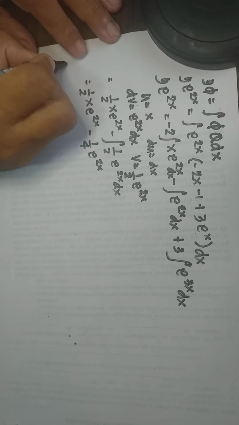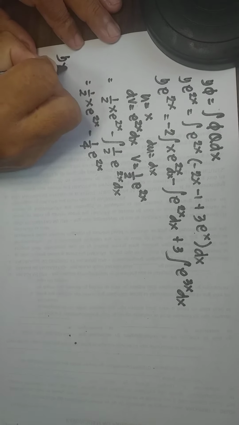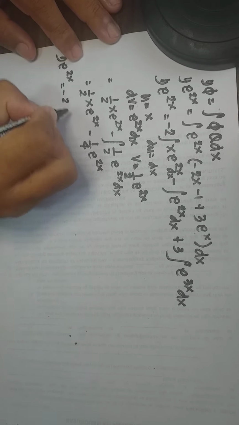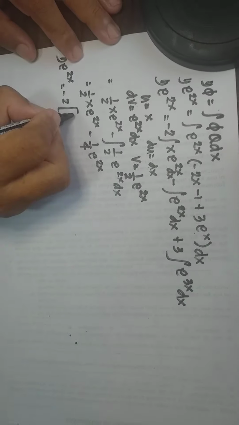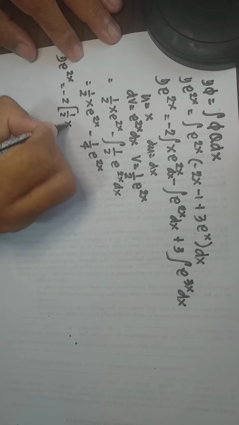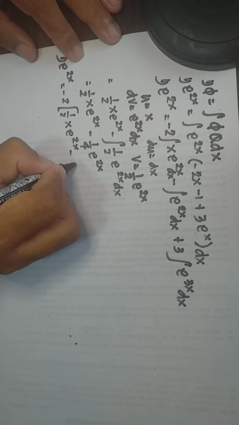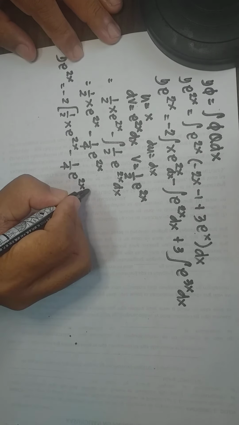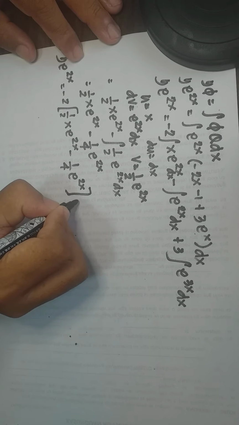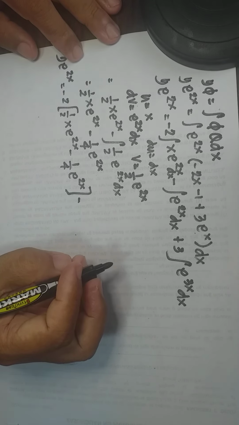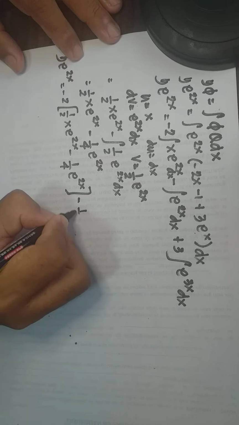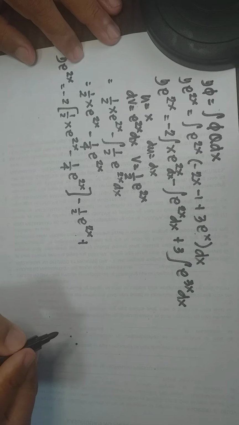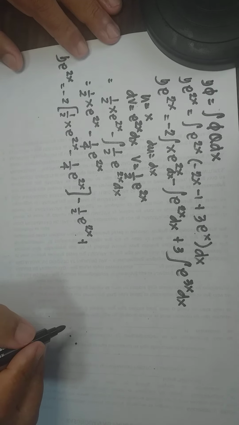So we have to write this: y e to the 2x is equal to -2 times this whole thing, 1/2 x e to the 2x minus 1/4 e to the 2x, minus the integral of e to the 2x dx is 1/2 e to the 2x, plus 3 times the integral of e to the 3x dx.